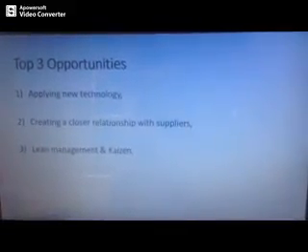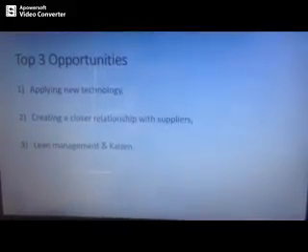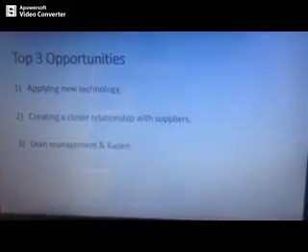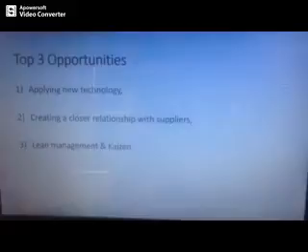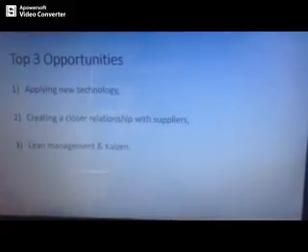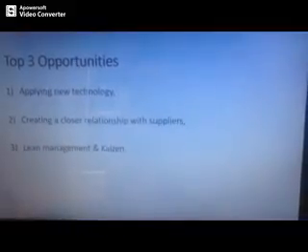A closer relationship with suppliers also helps improve the entire supply chain's efficiency. Firstly, a close relationship reduces purchasing cost because most suppliers prefer stable and long-term contracts rather than random pop-up orders.